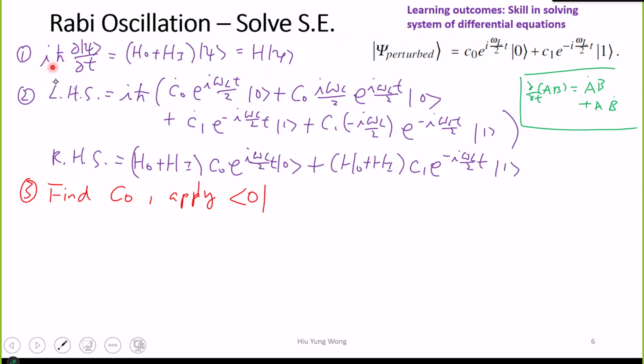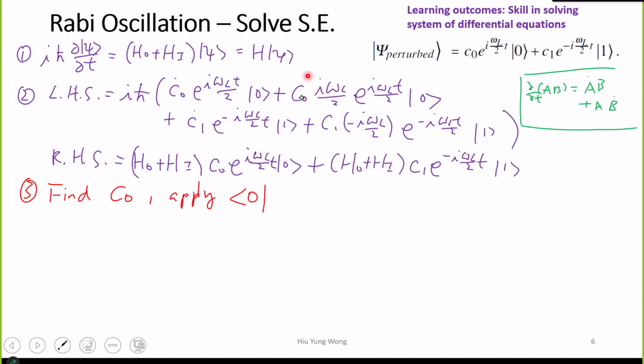So this is i ħ times the derivative of this wave function, so I need to take partial t of this. First I do the derivative on the first term, but the first term is the product of two time-dependent factors. C0 is time dependent, it's not a constant, and that's why I put C0 dot, and then multiply this one.